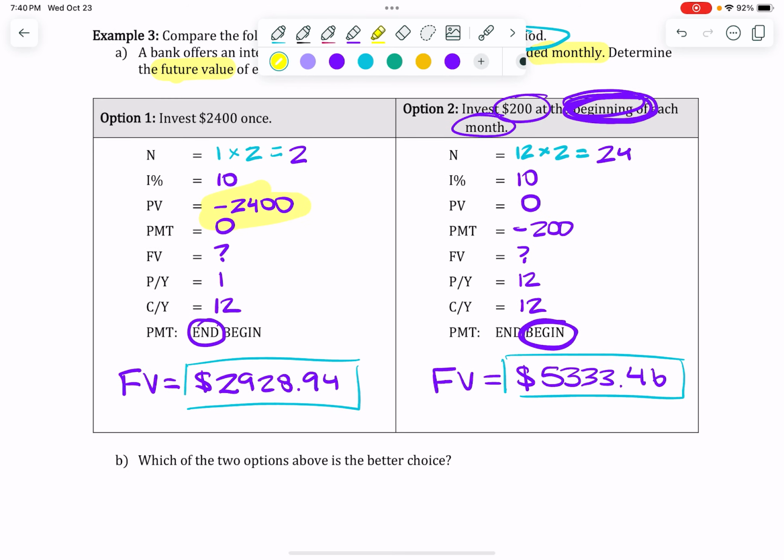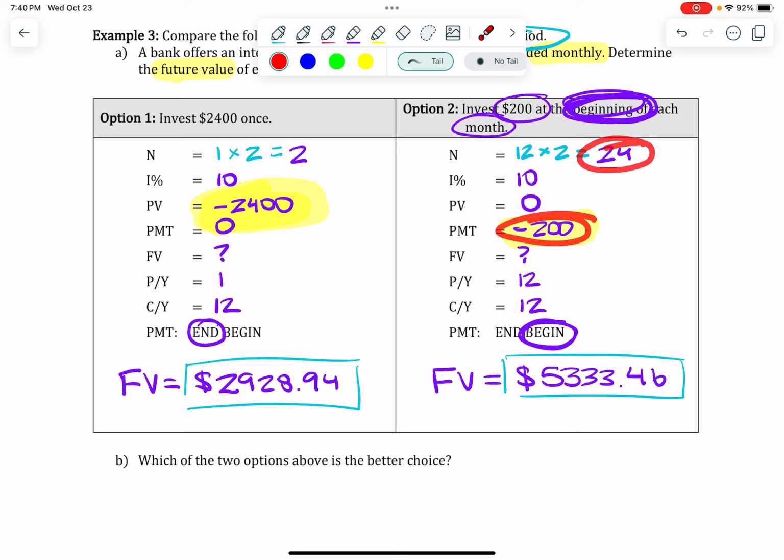Here I'm investing a different amount at the beginning, and here I'm investing repetitively. I'm not even investing the same total amount both times. Right here, I know I'm investing a total of $2,400. And here I'm investing $200 24 times, which is actually quite a bit more than $2,400.